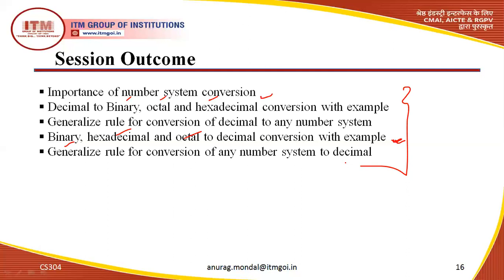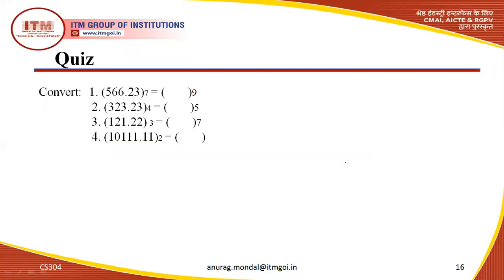Okay, so quizzes. Now you have to find out these conversions, and after conversion, write down your answers here, and we will follow each and every answer in the live sessions.